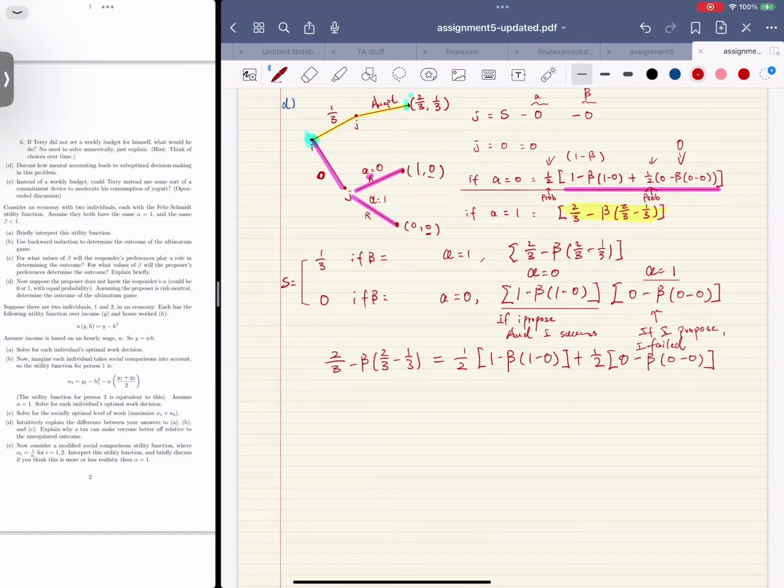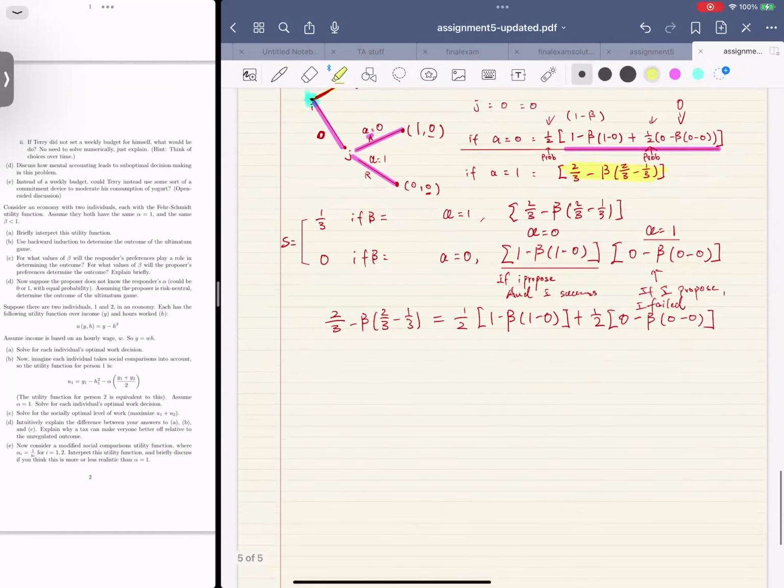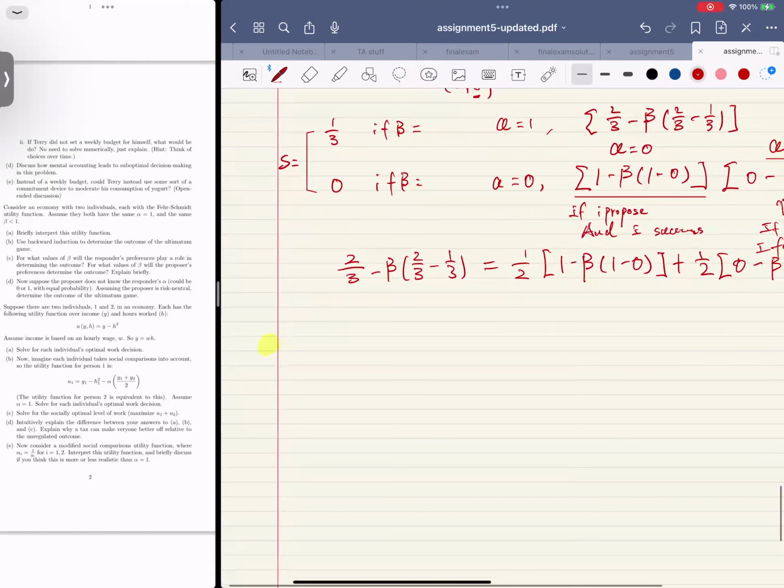Because on top, here's the 1/3 option. Let's put a yellow. This is yellow. Yellow would be, imagine if it's 1/2.